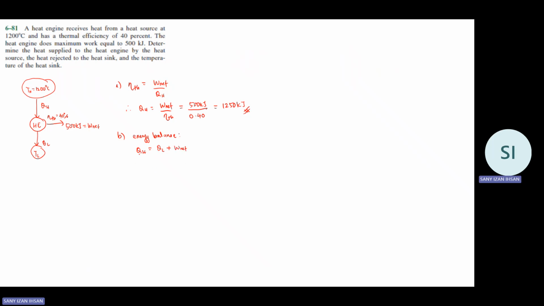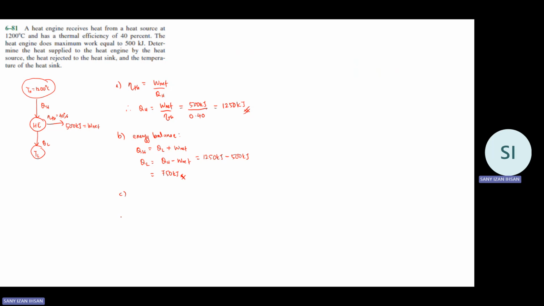So we can find QL, which is QH minus W net. QH, just calculated, is 1250 kilojoule, minus W net, which is 500 kilojoule. If you calculate that, you will get 750 kilojoule. That would be the heat rejected to the heat sink. All right.